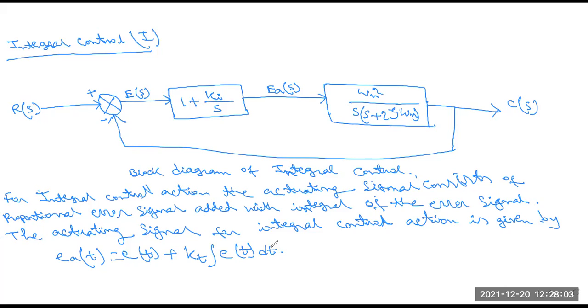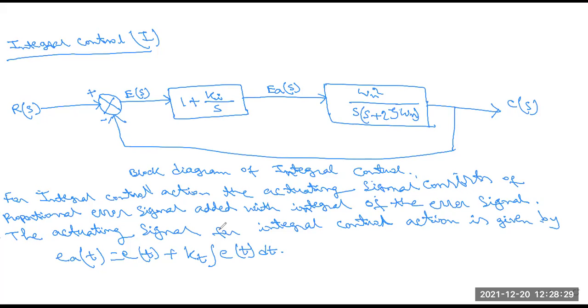Okay, so this is basically the integral control action, the actuating signal which consists of the proportional error signal added with the integral part. This is basically the error of the system. This error signal is added to the controller part, which is the integral controller part.